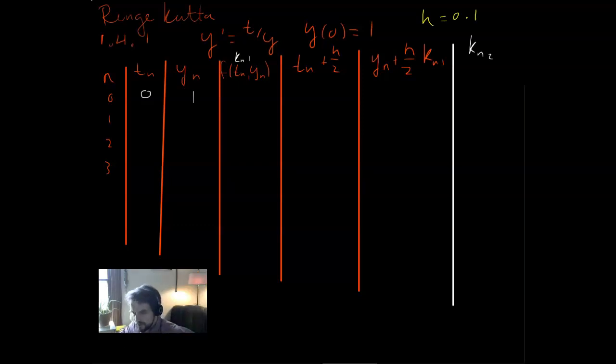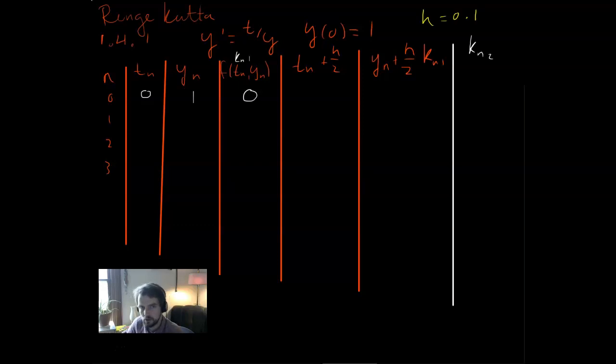Now for the function value, it is just plugging in right before into this right here. So we end up with 0 divided by 1, so that's 0. And let's keep it the same color for this first row. That's 0 right there.